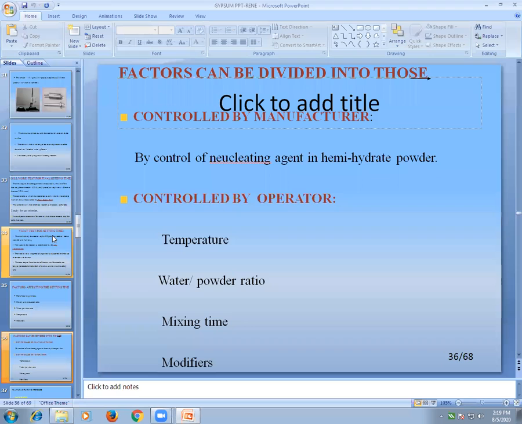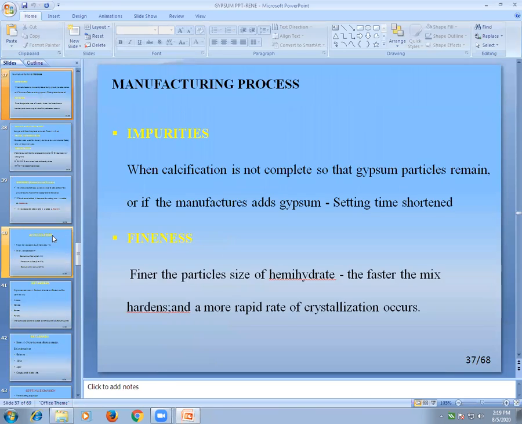When dihydrate is present, it acts as a nucleating agent, accelerates the reaction, and fastens the setting. So how much dihydrate is there depends on the manufacturer. The factors controlled by the operator are temperature, water powder ratio, mixing, and modifiers.